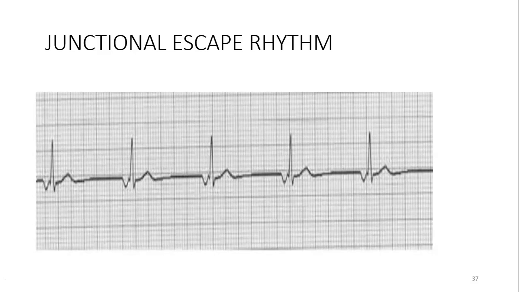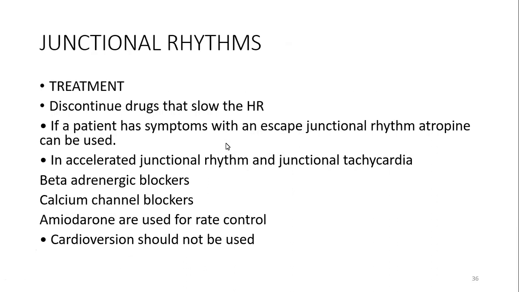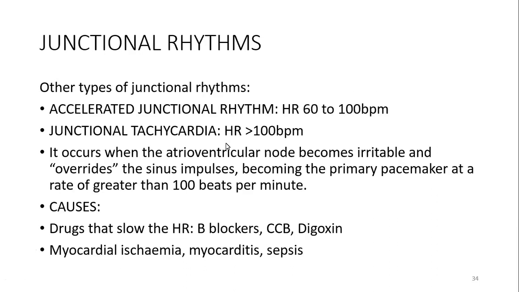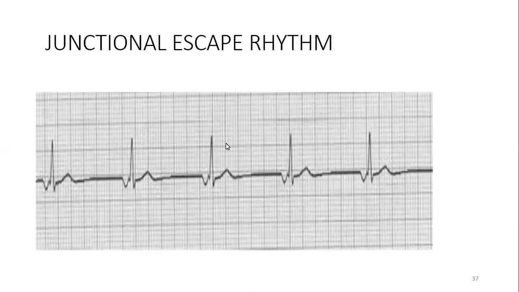The difference between this and accelerated junctional rhythm is, in accelerated junctional rhythm, when you count the heart rate, it will be between 60 to 100. And then in junctional tachycardia, the heart rate will be greater than 100. But you still have the same picture of inverted P waves or absent P waves.